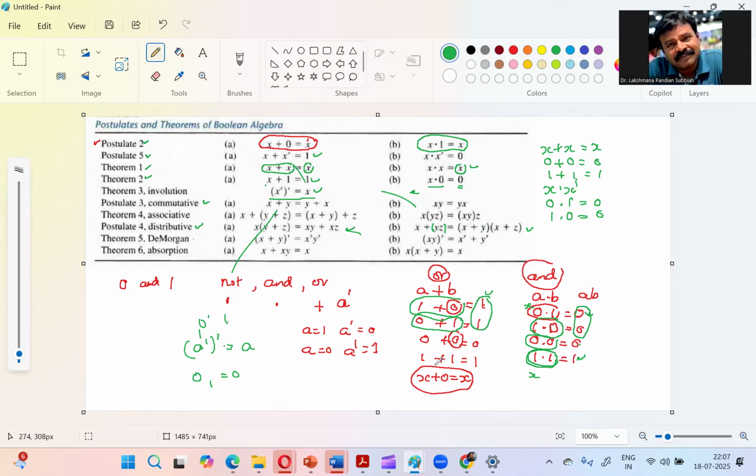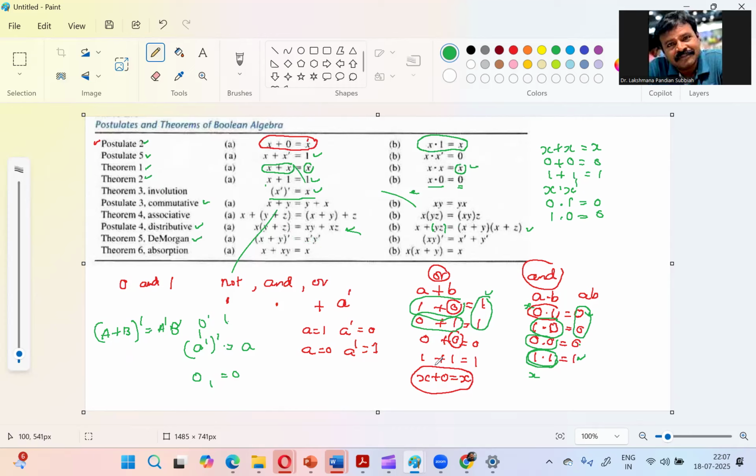Next one is De Morgan law. We know De Morgan law, right? So (a or b) bar equals a bar and b bar. So De Morgan law is (a plus b) bar equal to a bar b bar. So in set theory we know that one.